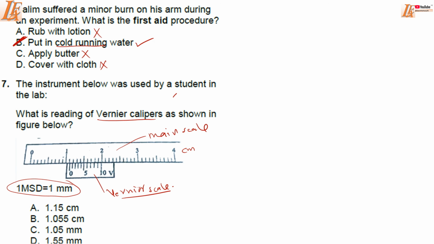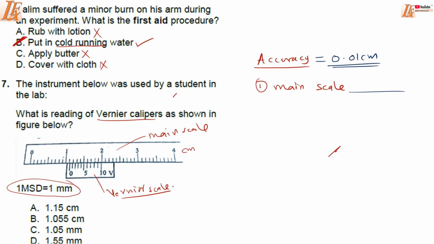But another important thing that you need to know before you make a reading is the accuracy of the instrument. The accuracy is the smallest division that you can read from a measuring instrument directly. So in this case, for a vernier scale, the accuracy is 0.01 centimeter. Therefore, for us to make a reading, we need to read the two scales. The first scale, which we call the main scale, we read in centimeters.